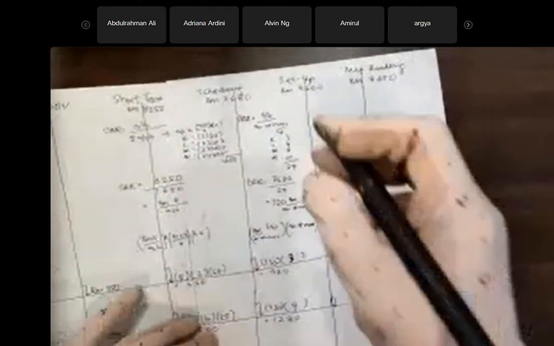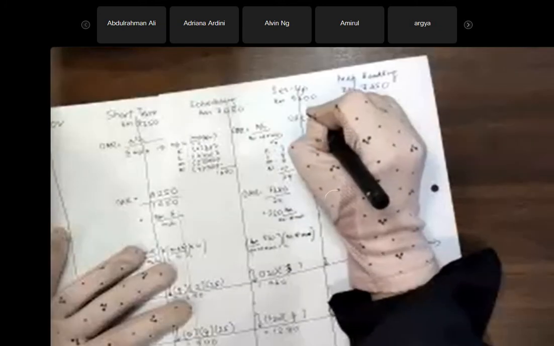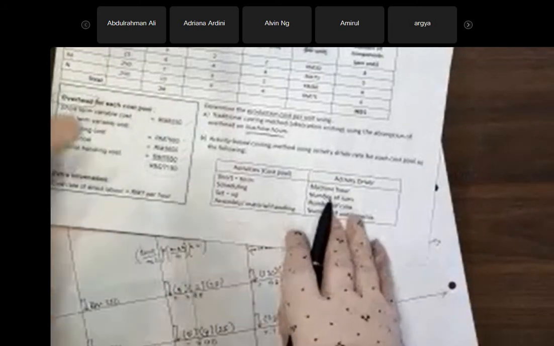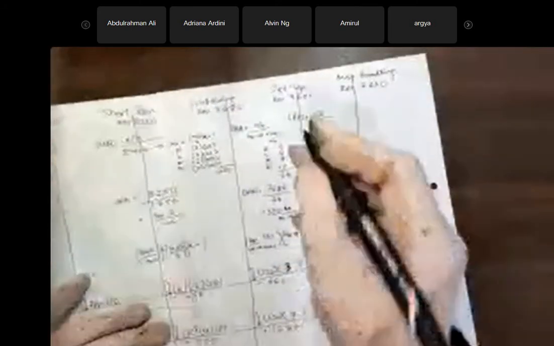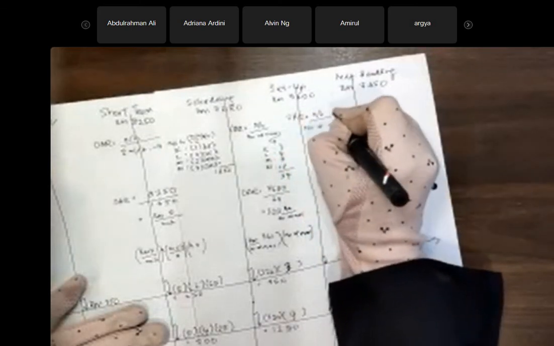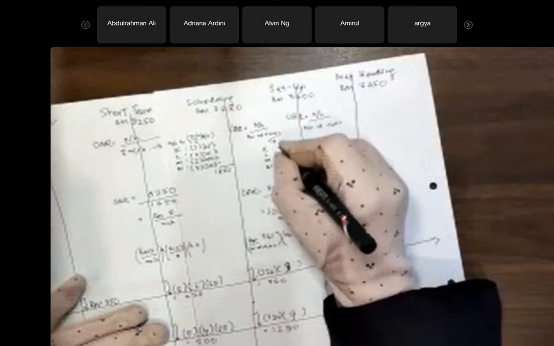Then we go to the setup. Same thing, the OAR must be based on the overhead, based on number of runs. Setup is based on number of runs, so the number of runs no need to calculate, you just take this number.